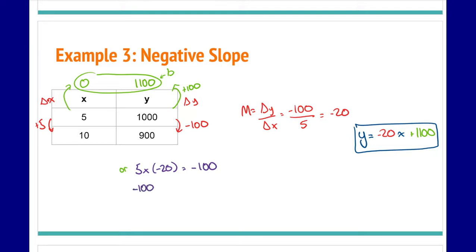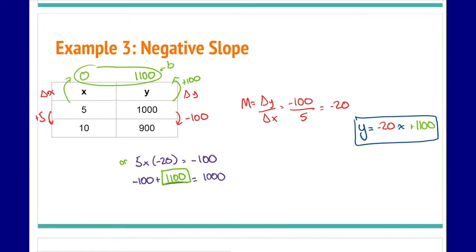Negative 100 plus something would have to equal the y value, which is 1,000. So what's the value that I would have to add to negative 100 to find 1,000? It would have to be 1,100. So that is another way you could go through and solve for that missing value. Essentially, you're plugging in a point, or you're plugging in values and solving the equation for that missing b value.